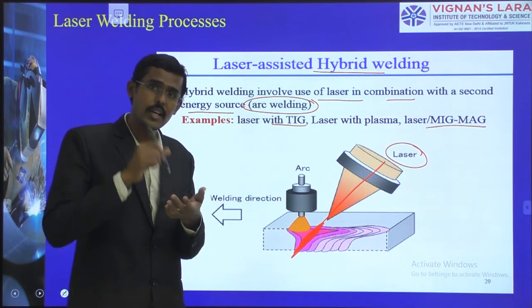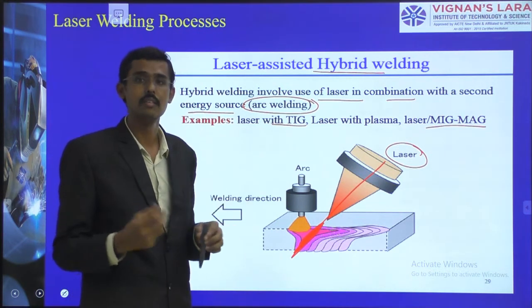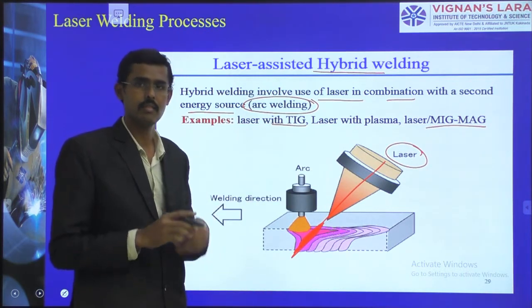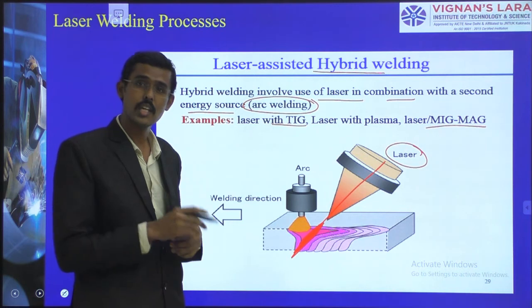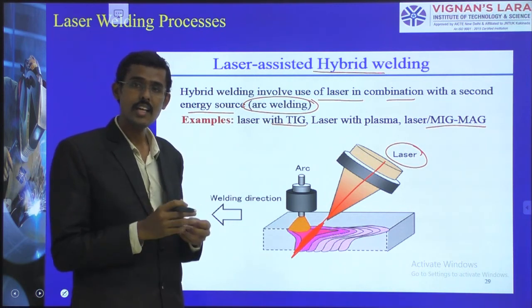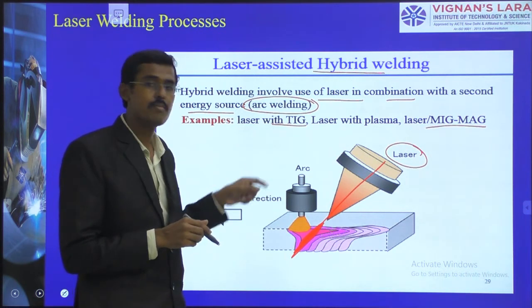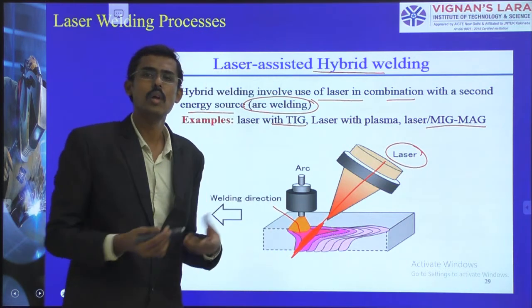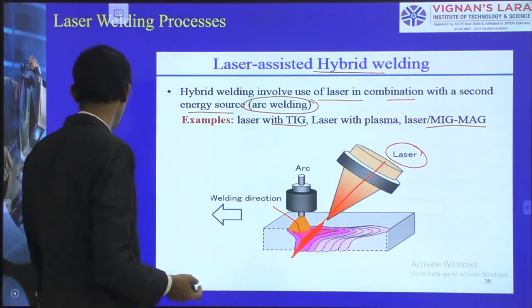We need a keyhole with intensified, high depth of penetration. Therefore, I am using the laser to point out, make and penetrate. The metal is vaporized and a hole is created. Then I am filling those with the hybrid arc fillers. So you can add filler here and we are able to weld. So there are some other hybrid methods they are doing.